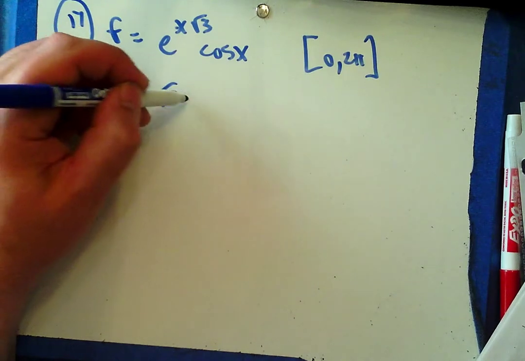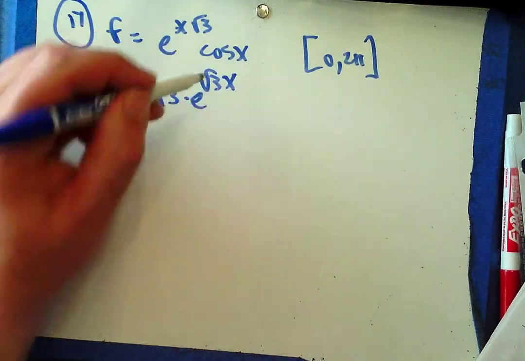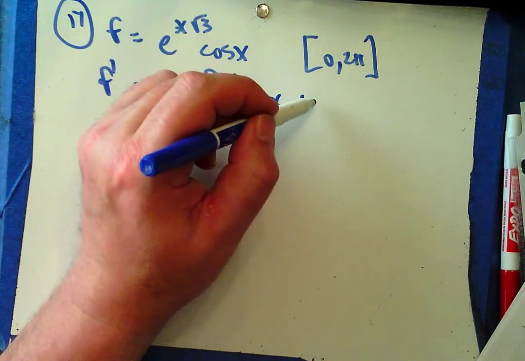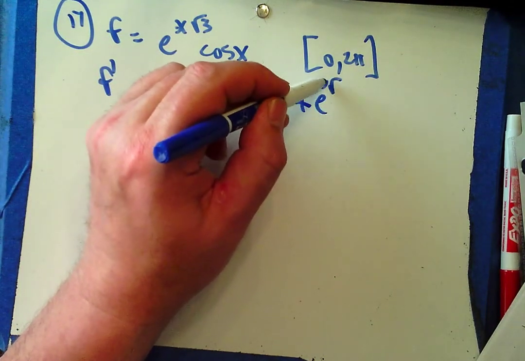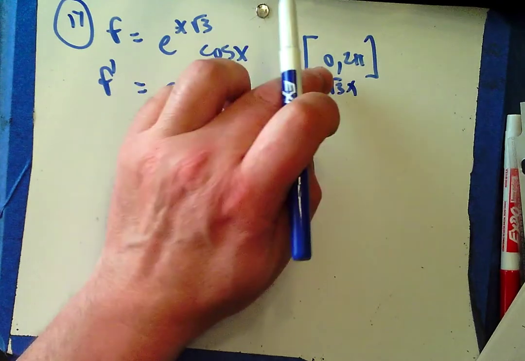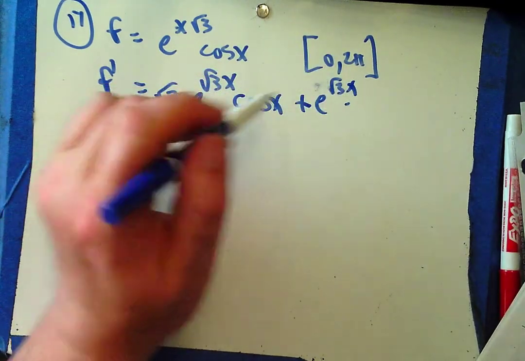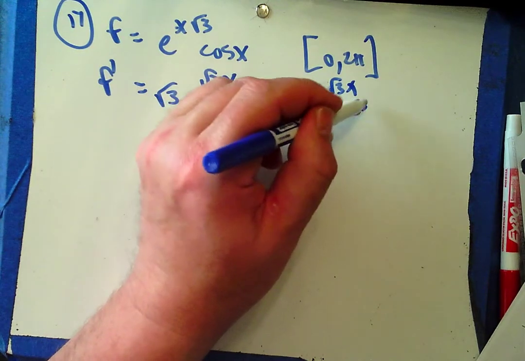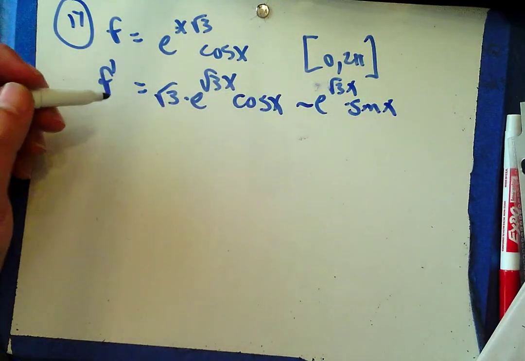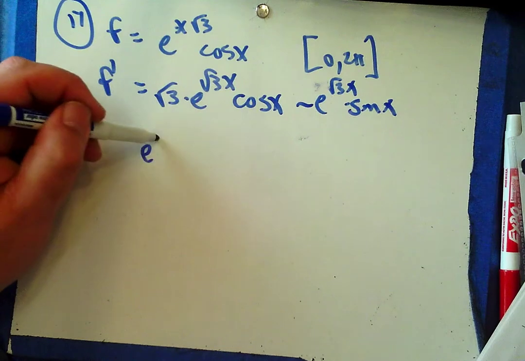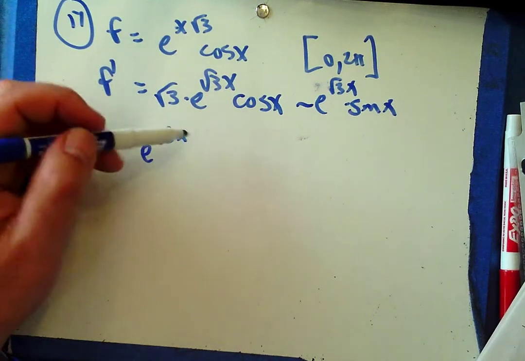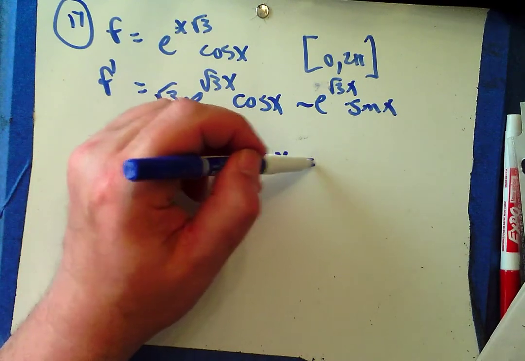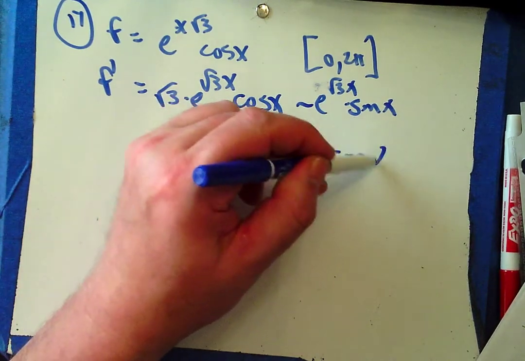I get root 3 e to the root 3x cosine x plus e to the root 3x times the derivative of cosine, which is negative sine. So minus sine x. I'm going to factor out an e to the root 3x, and I'm left with root 3 cosine x minus sine x.